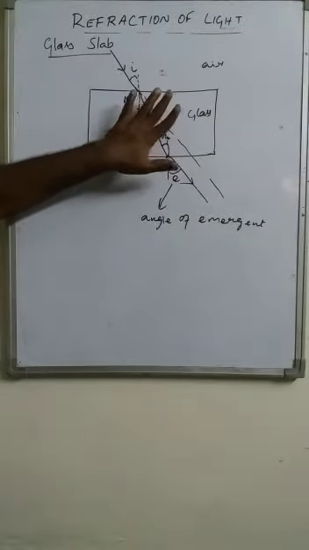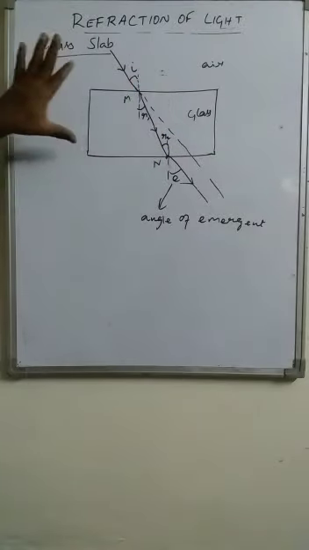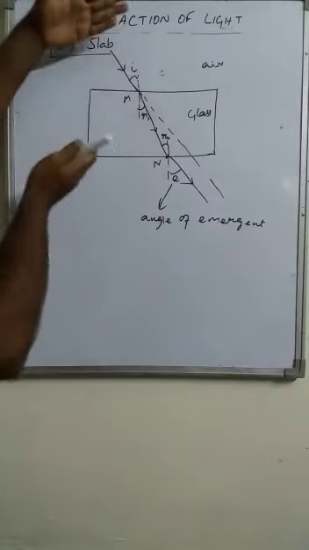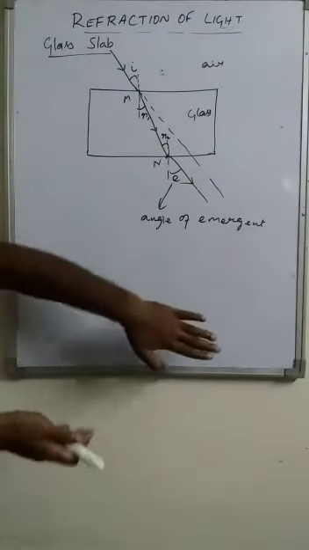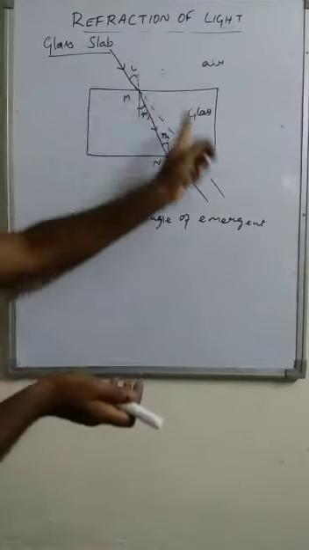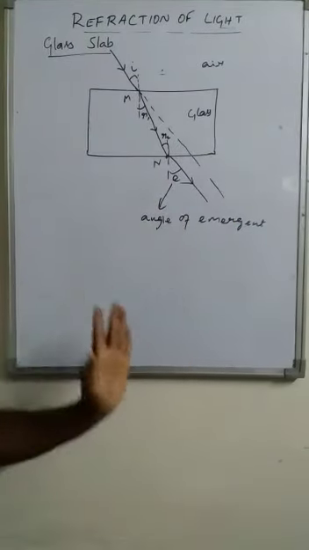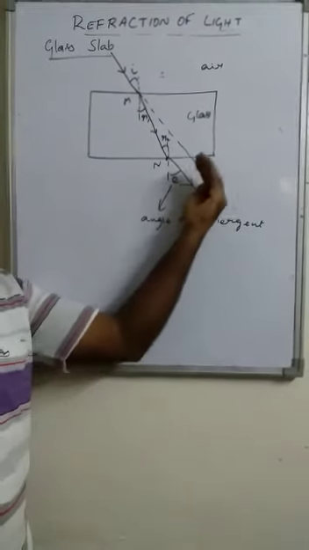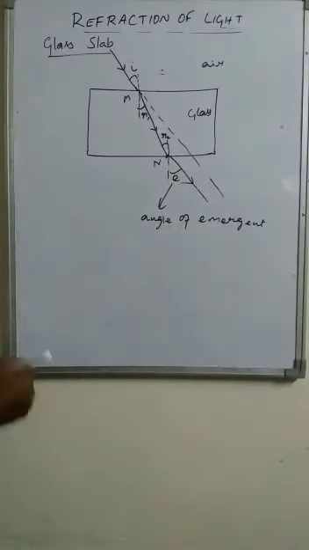From this experiment, we observe that whenever a light ray is refracting through plane surfaces, it enters from one side and leaves the other side. While it leaves the other side, it will definitely be parallel to the incident ray, but there will be some displacement that we call lateral displacement.